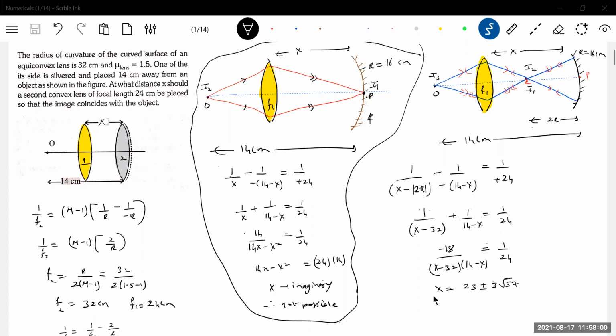Sir, distance PC has to be R, no, sir. We did that also wrong. 2f, what do we substitute, 2f or r? Radius of curvature, no? This will be 16 only. Minus 16.